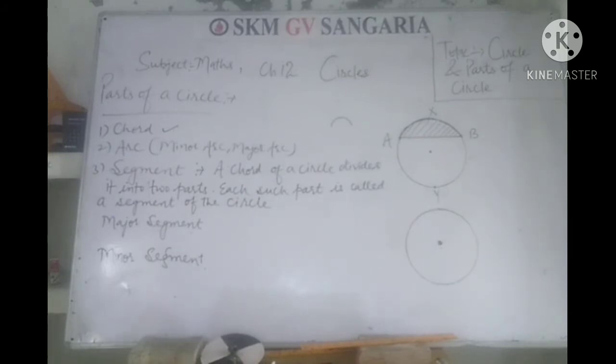The region enclosed by the chord and the arc of the circle is called a segment.